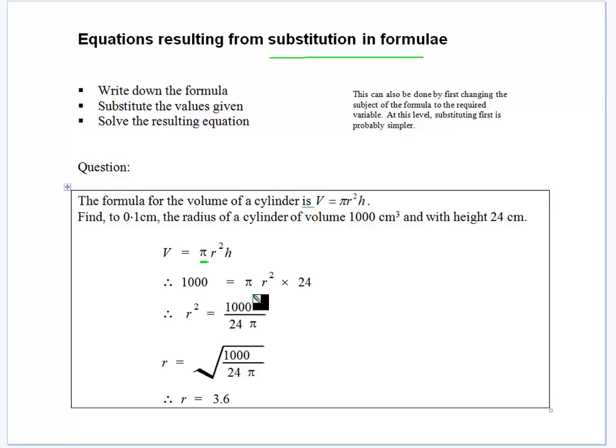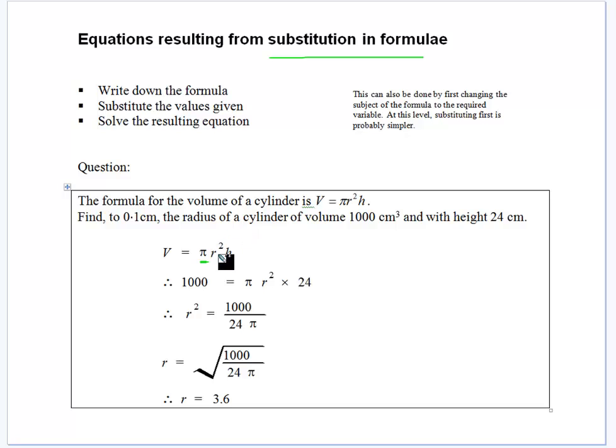So don't ever try and treat pi as a variable. It's not like r or h or V that can change in this one. Pi is always 3.14 and so on. If you can quote many decimal places, good work. But that's what it's about. We can't ever treat it other than just a number like 3, 2, 5, 7.